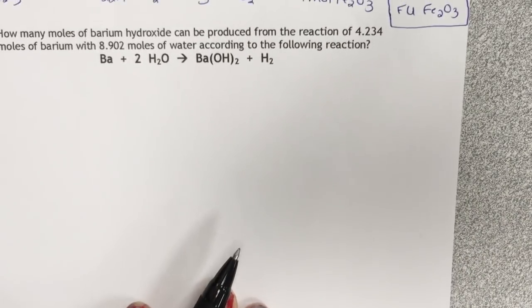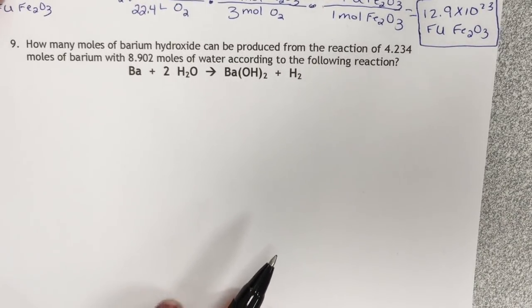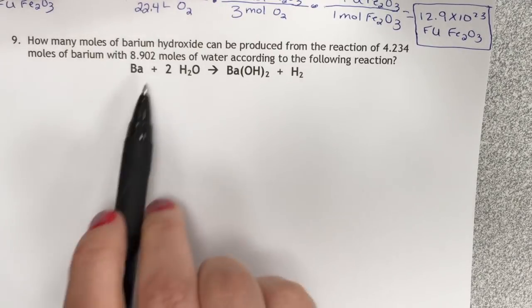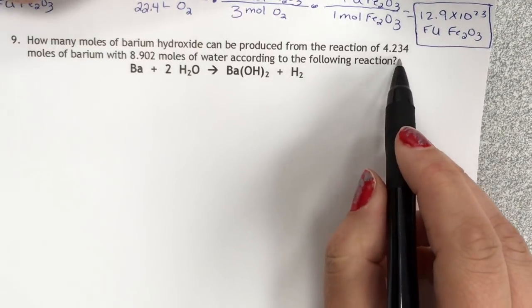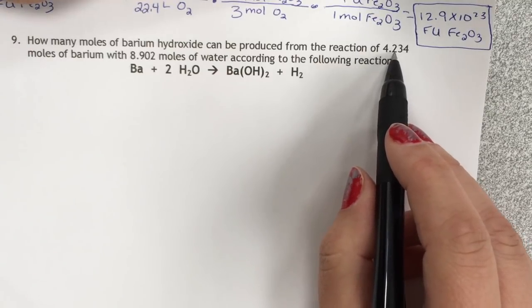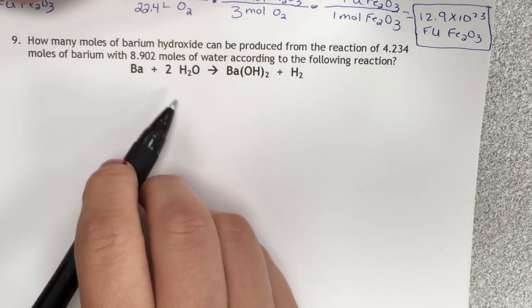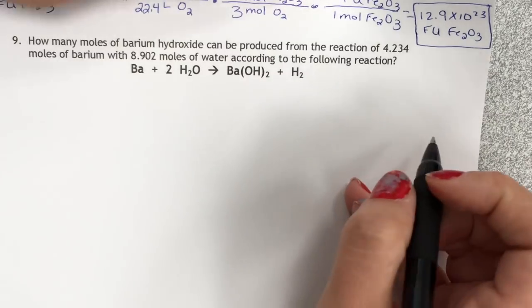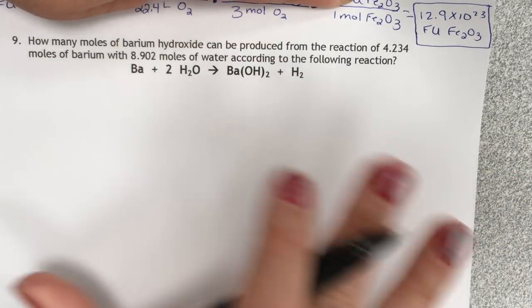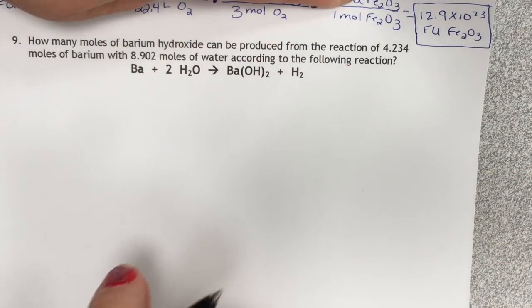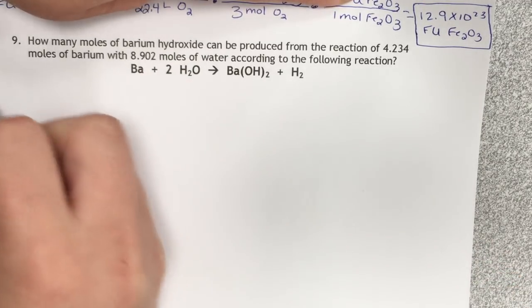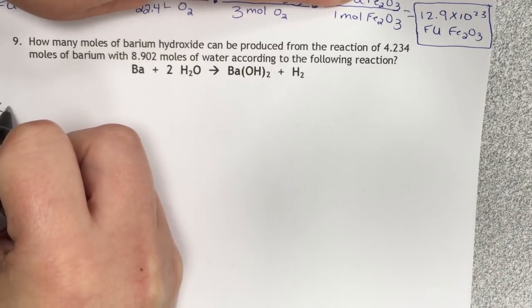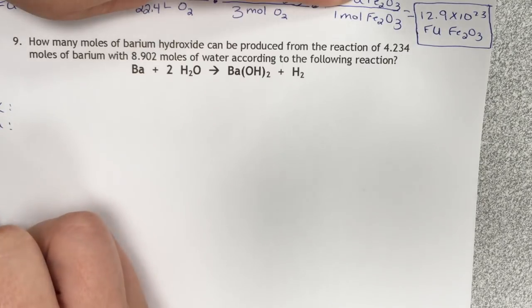Okay, moving on. How many moles of barium hydroxide can be produced from the reaction of 4.234 moles? Oh, cool. This is just moles to moles. That's great. That'll be quick. So we're going moles to moles, so we don't have to deal with converting from grams or liters, or formula units, or whatever. So we have 2 knowns and 1 unknown.